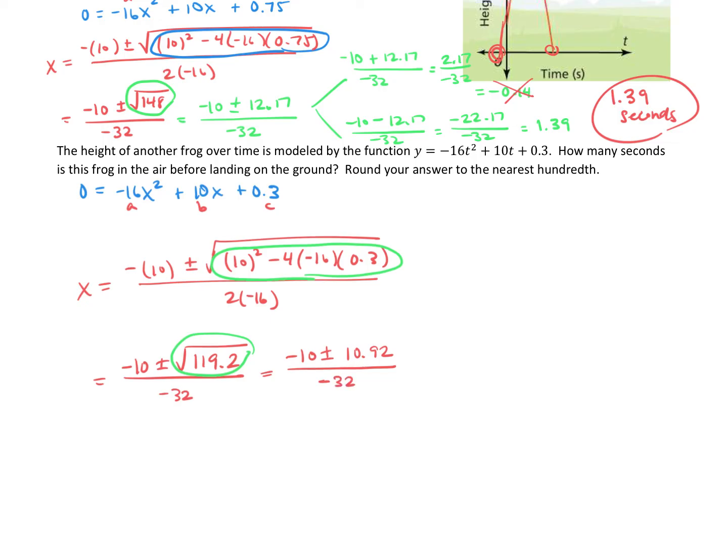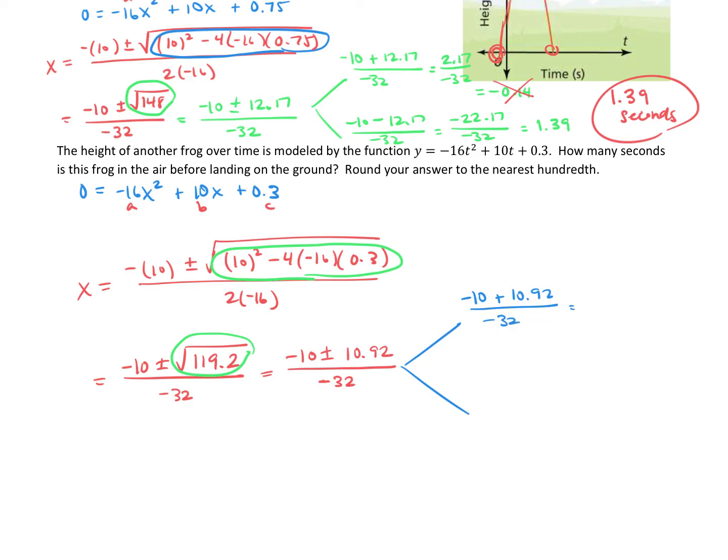Can we keep simplifying? If this 10 and the value we got from square rooting are like terms, we do continue. Those are like terms, so let's break apart our positive and negative 10.92. So first we're going to do negative 10 plus 10.92 divided by negative 32.